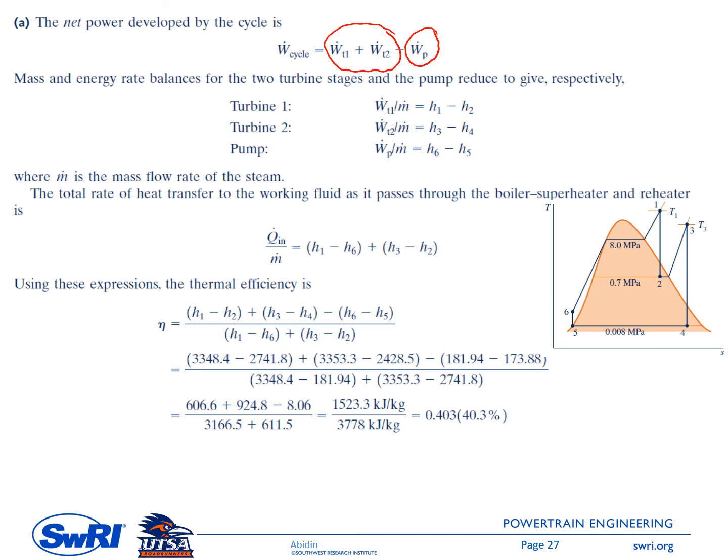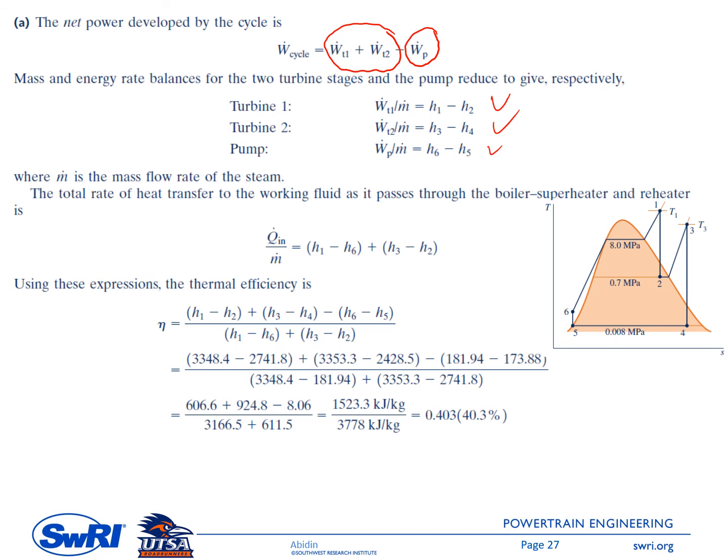Okay, so the power developed by the first stage turbine is m dot times H1 minus H2. So H1 is the inflow enthalpy, H2 is the outflow enthalpy. Similarly, you have this formula for the second stage turbine, and then for the pump, you use this formula.